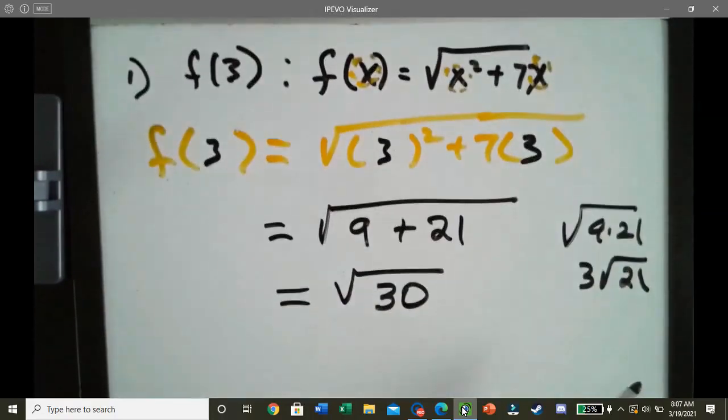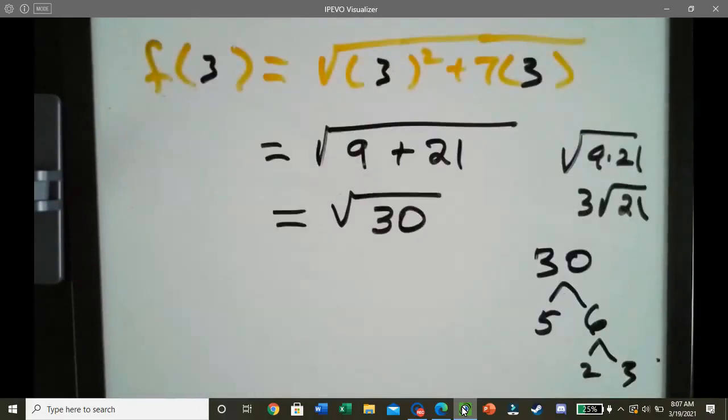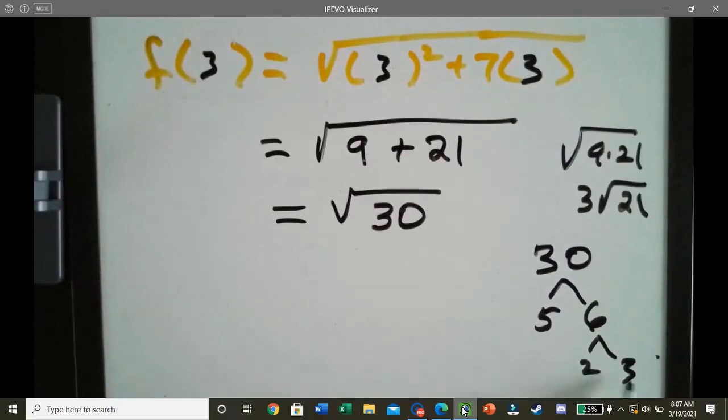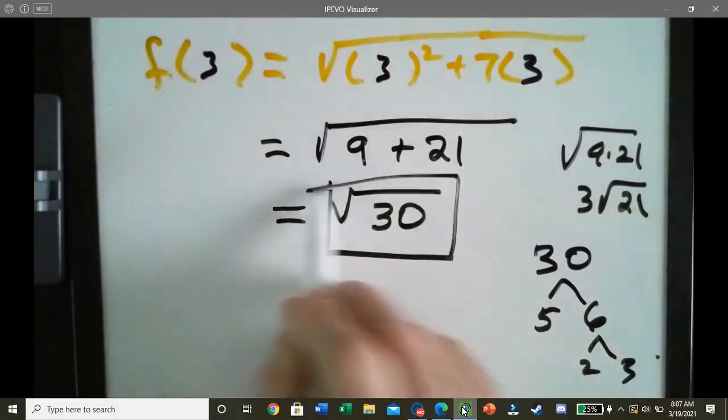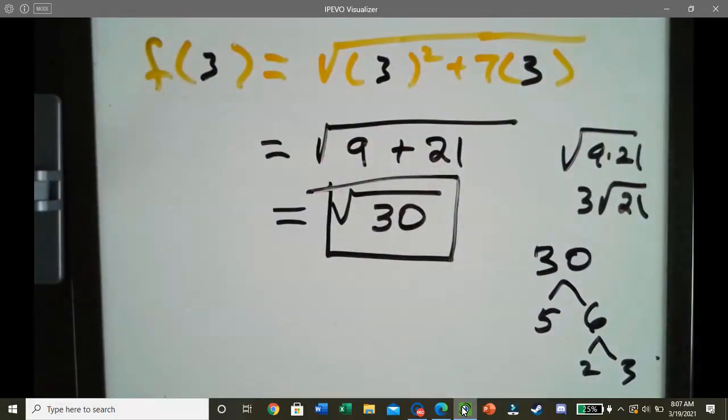And so 30, if we looked at 30, 30 is 5 times 6, right? So that's 2 and 3, right? So you don't have anything you can get an even square root out of. So this is your answer here, okay?